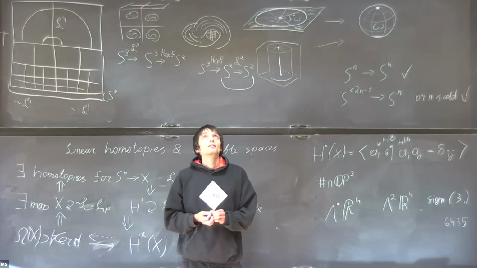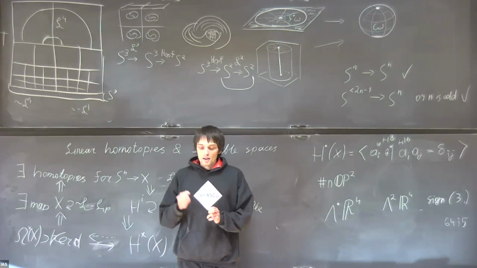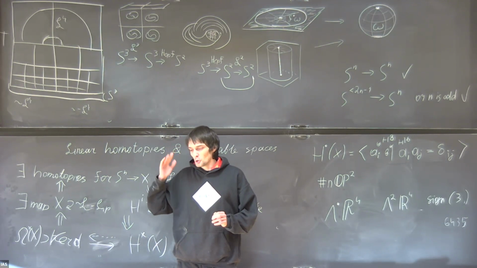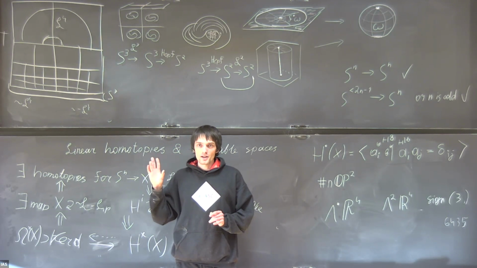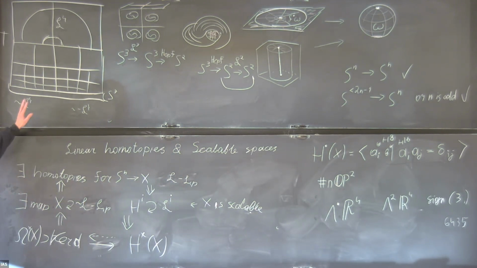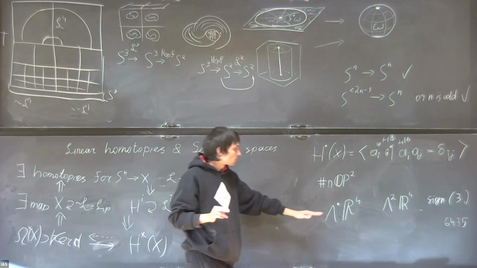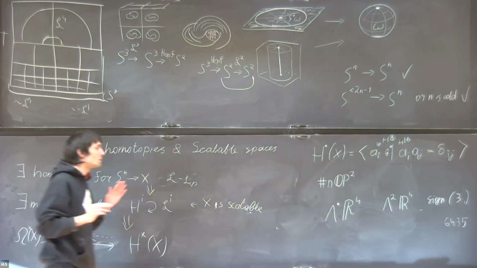And the current suspicion is that you only need some log factor there to add, because you can kind of resolve the issues that come up by spreading all these blocks a little bit to reach the middle with a little tube. But knowing that will tell you that you cannot have linear homotopies.